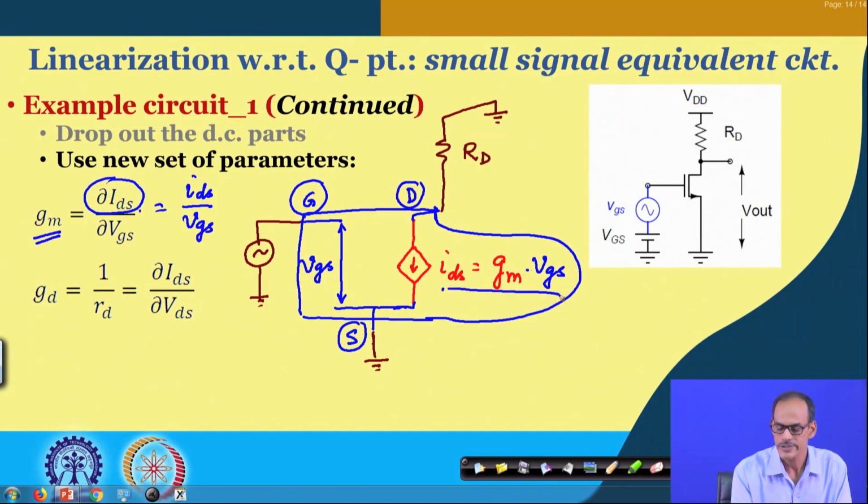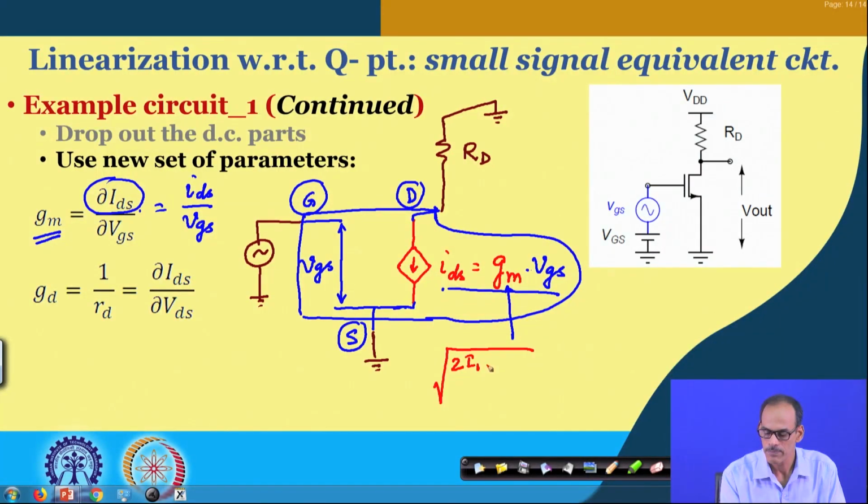So, in fact, this representation and this definition are the same, and the expression of GM, as we have discussed, in one form is square root of 2 IDS k W by L. So, this is one form.